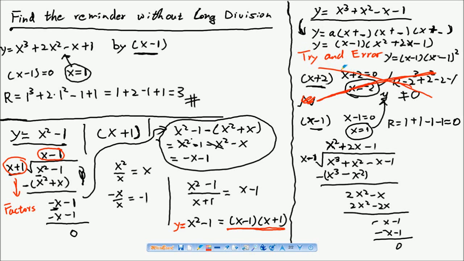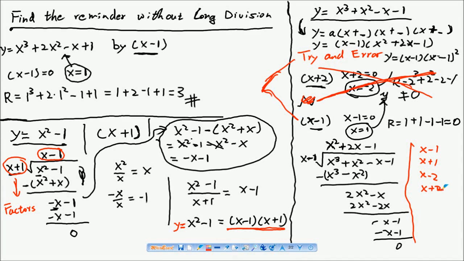The tricky part is the trial and error part. Because you are going to do it by hand, the examiners would not give you a hard number. The factor will always be x minus 1, x plus 1, x minus 2, or x plus 2.